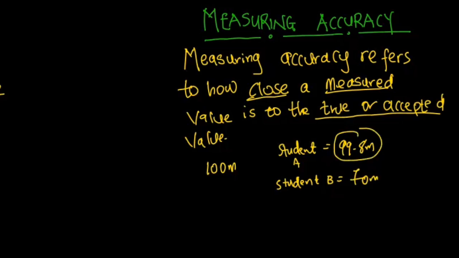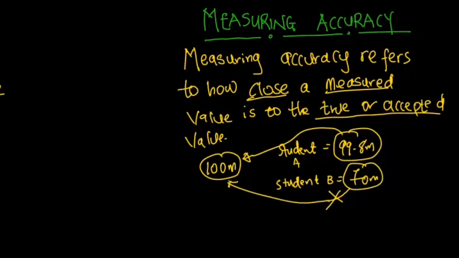A is accurate in the sense that this measured value is close to this true accepted value, but B is not accurate because this value is far from the true accepted value. So it's just our definition for accuracy. So we'll move on to the next aspect.